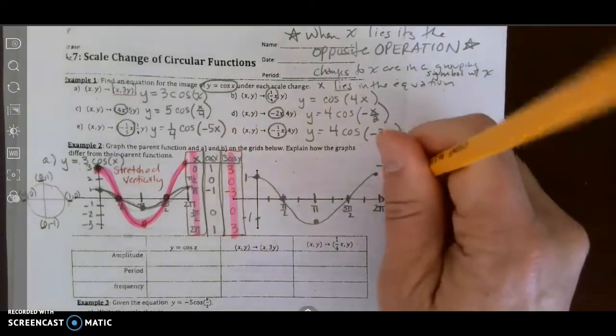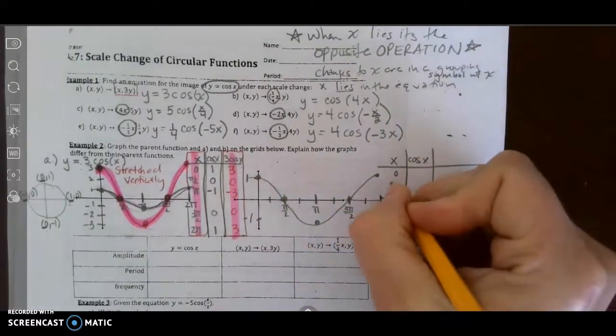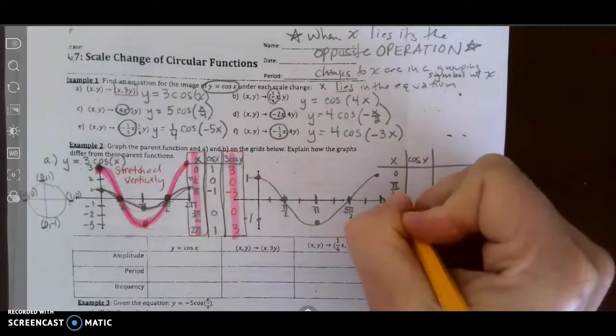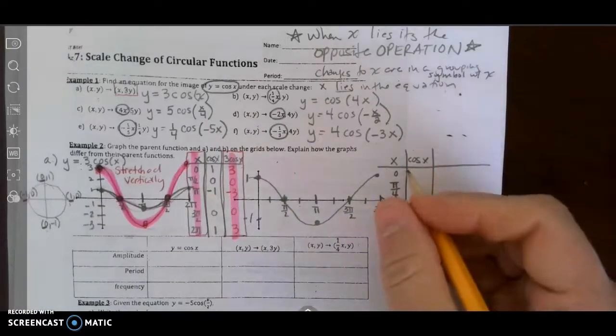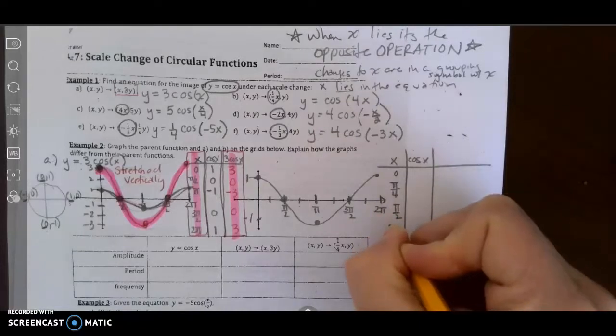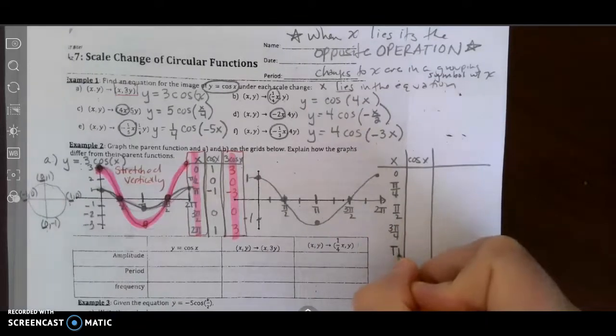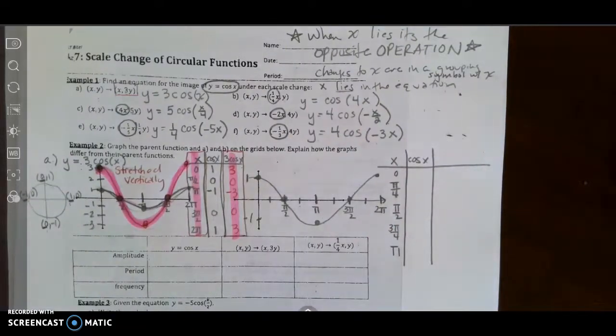Actually, what I'm going to do, let's do this. I'm going to actually do 0. You'll see what I'm going to do this later. I'm going to do pi over 4. Then I'll do pi over 2. Then I'll do 3 pi over 4. Then I'll do pi. I might just do that.